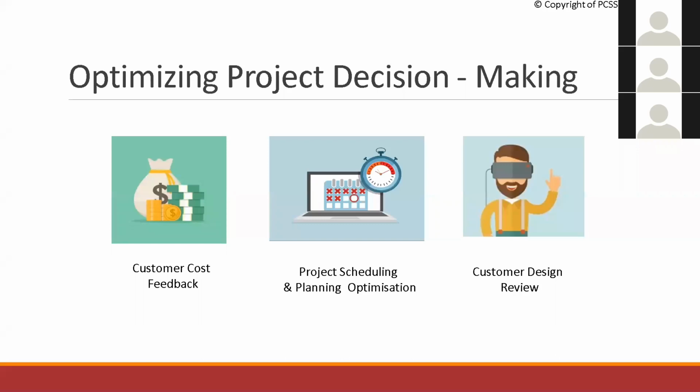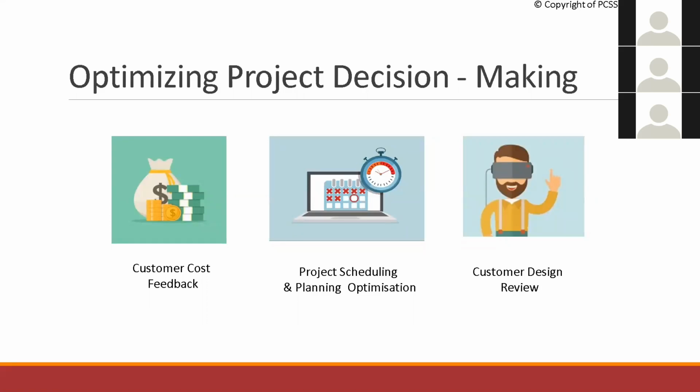Next, on project scheduling, it is about how fast you can optimize the schedule. Everyone has in mind their own construction work sequence. For example, the project manager might have in mind their own construction sequence, and then a construction manager will also have their own way of it.